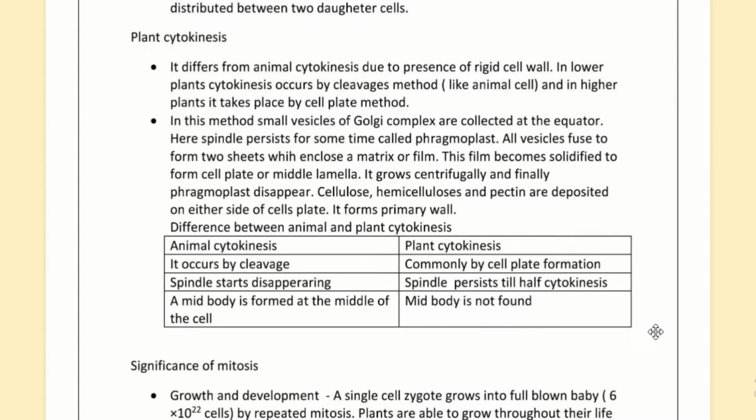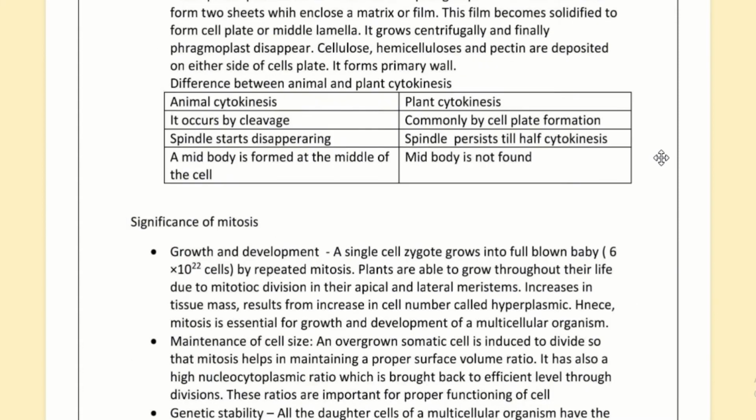It grows centrifugally and finally the phragmoplast disappears. Cellulose, hemicellulose, and pectin are deposited on either side of the cell plate. It forms the primary wall. Here you can see in table form the difference between animal and plant cytokinesis.